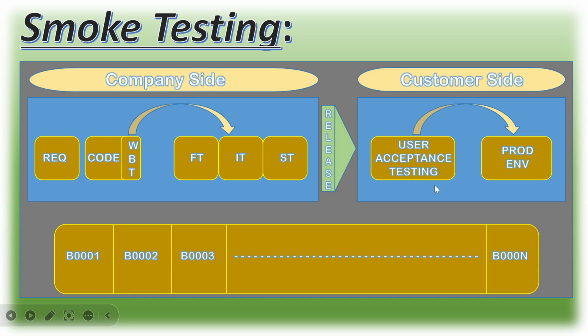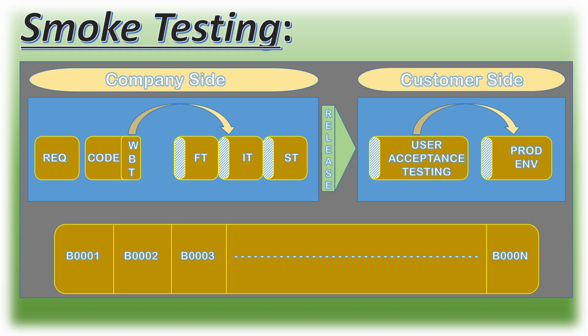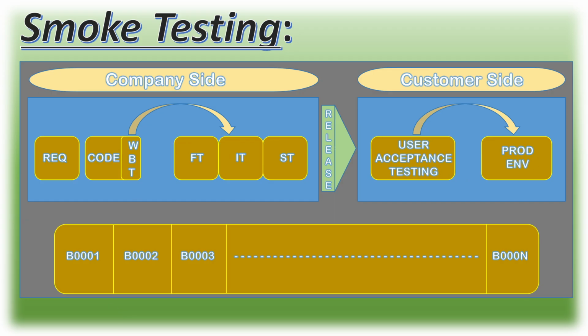All right, but here, as I told you, smoke testing is really very much needed whenever the build is installed. That means, let me go back. Here you can see, after white box testing, the build will be installed to the test server.